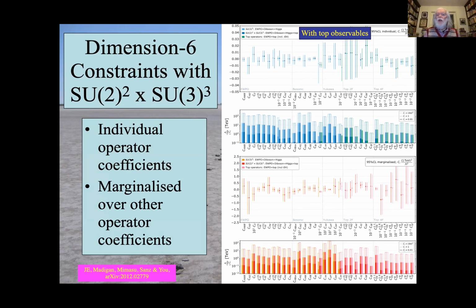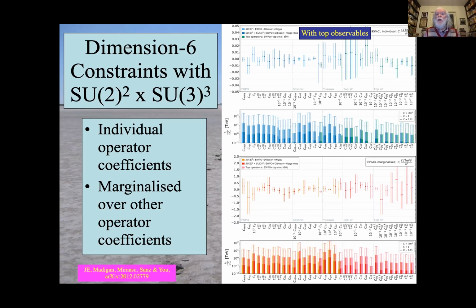But if you look over on the right-hand side, there are the new operators that come in when you allow top couplings to differ from couplings of the lighter generations. And you see that those couplings are constrained more weakly. So the constraints there hover around a few hundred GeV for a coupling of order 1.